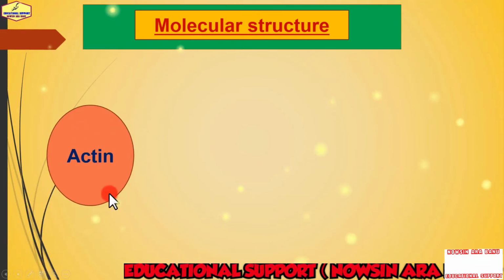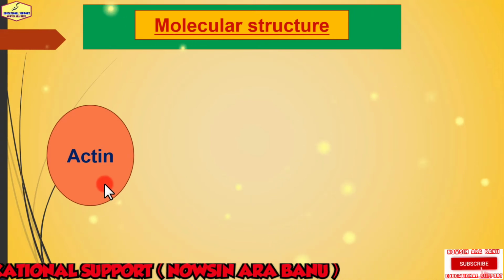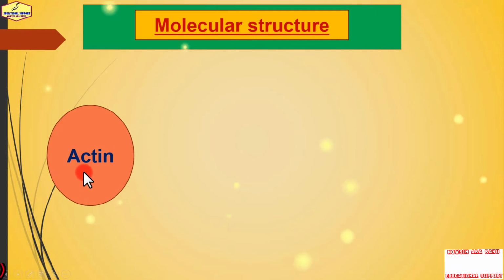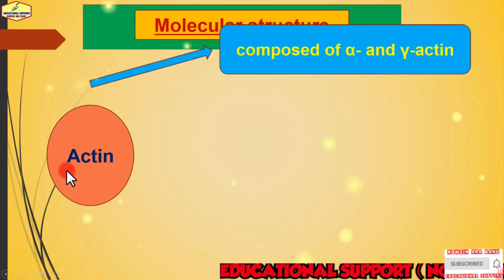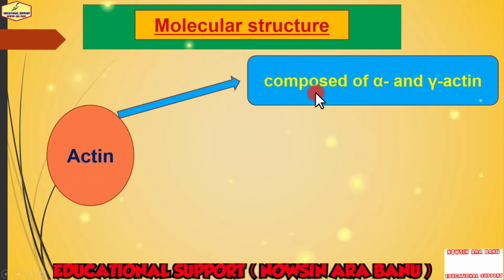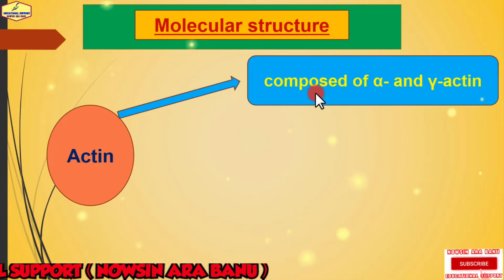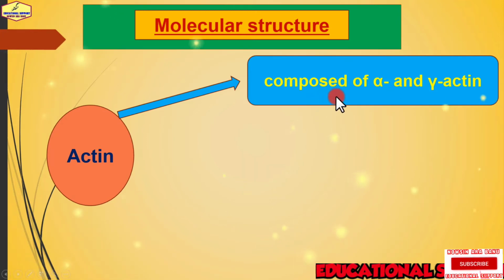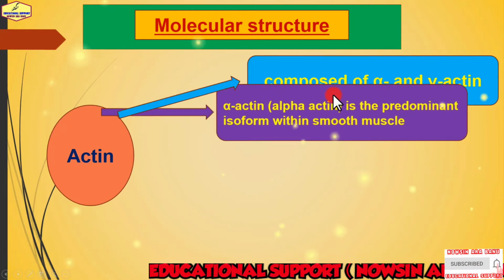The actin, the thin filaments that are part of the contractile machinery, are predominantly composed of alpha and gamma actin. The smooth muscle alpha actin is the predominant isoform within the smooth muscle.